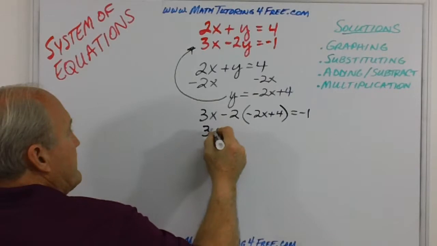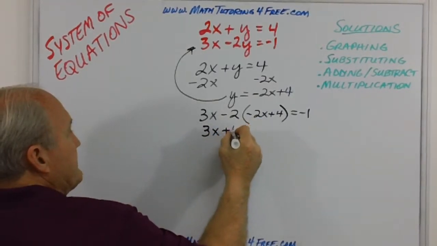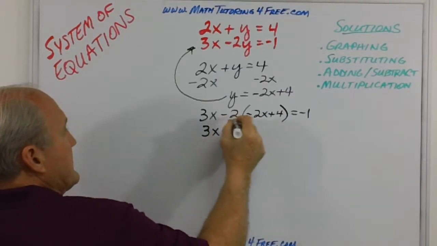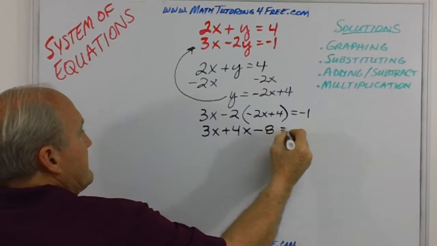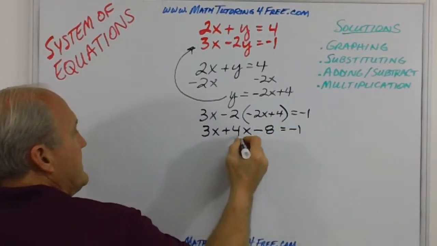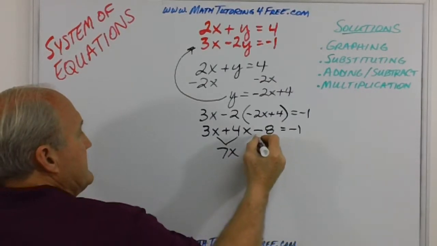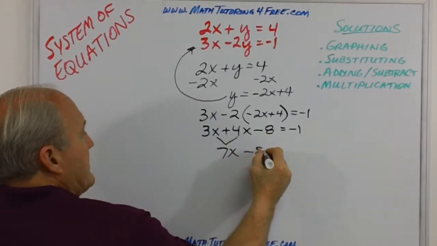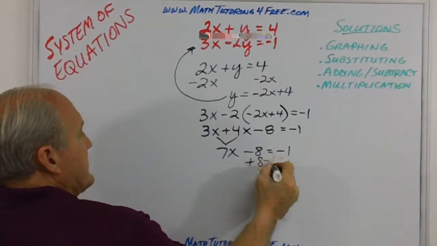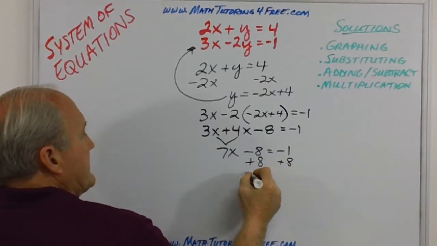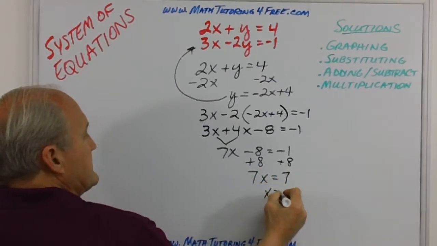We now have 3x, negative 2 times negative 2x is plus 4x, negative 2 times plus 4 is negative 8, is equal to negative 1. Combine like terms, we have 7x minus 8 is equal to minus 1. Add 8 to both sides, and we get a very convenient 7x is equal to 7, x is equal to 1.